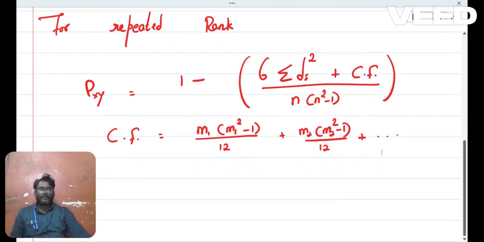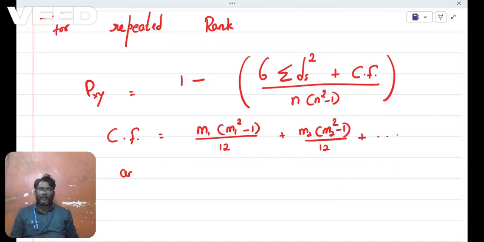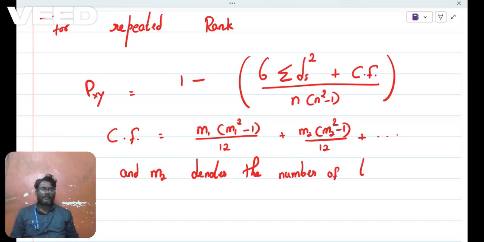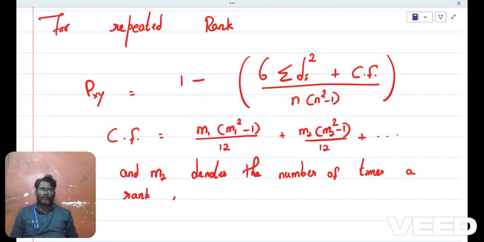Here m1 and m2 denote the number of times a particular rank is repeated.